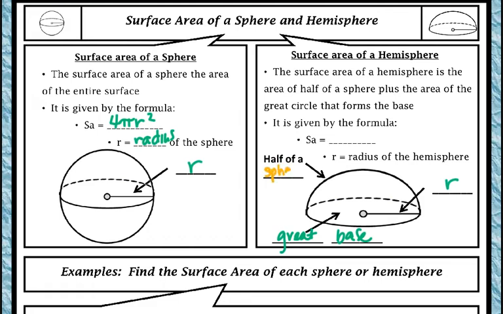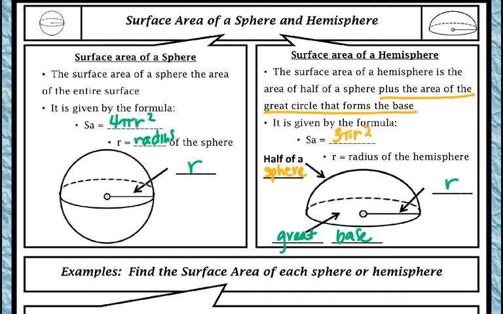If a sphere had 4 circles, 4 pi r squared, then the dome part, the lateral area of a hemisphere, would have 2. But then we have to add the area of the great circle, which is the base, which is 1 more pi r squared. So the total surface area of a hemisphere is 3 pi r squared.